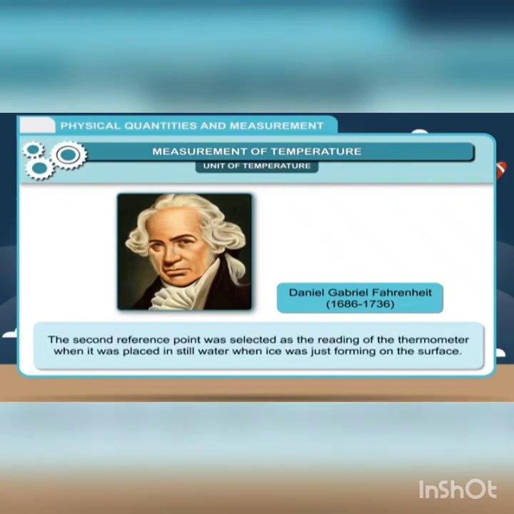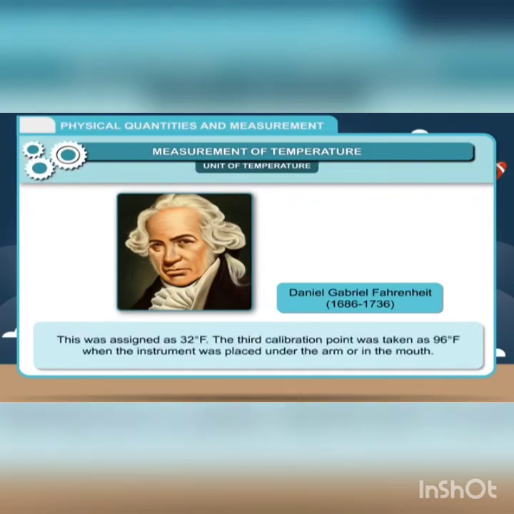The second reference point was selected as the reading of the thermometer when it was placed in still water when ice was just forming on the surface. This was assigned as 32 Fahrenheit. The third calibration point was taken as 96 Fahrenheit when the instrument was placed under the arm or in the mouth.